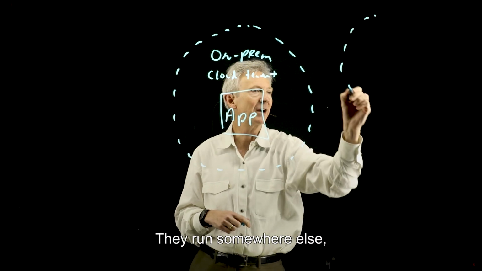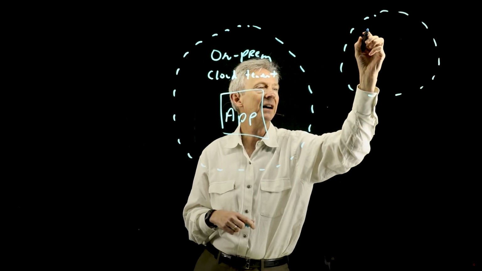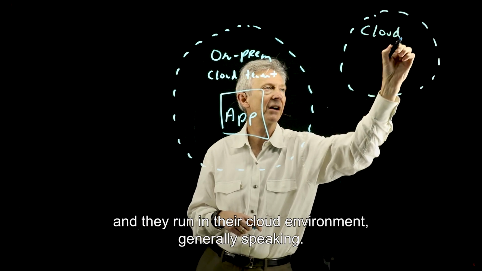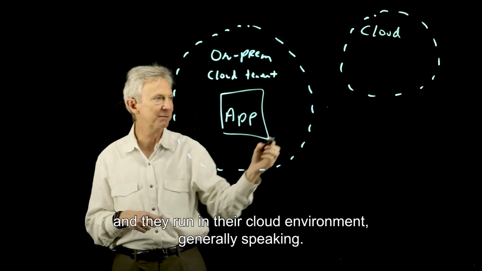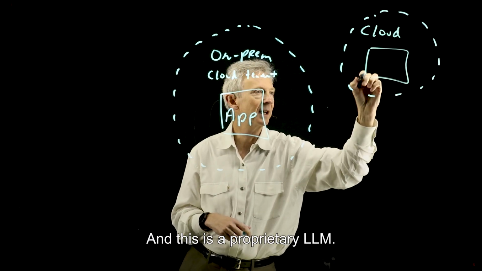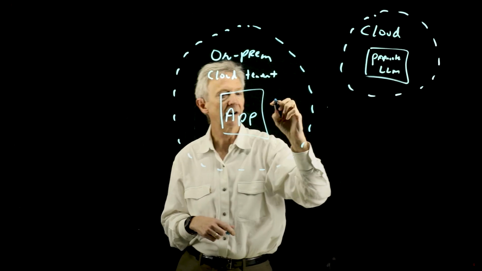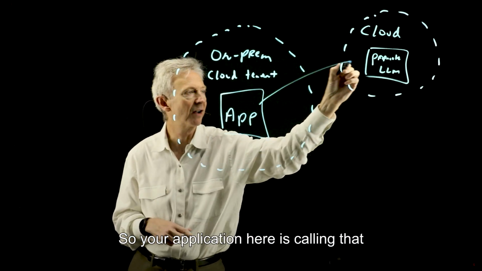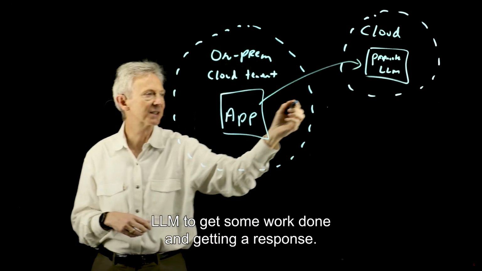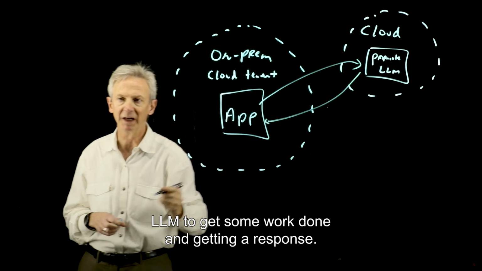They run somewhere else, and they run in their cloud environment, generally speaking. And this is a proprietary LLM. Okay, so your application here is calling that LLM to get some work done and getting a response.